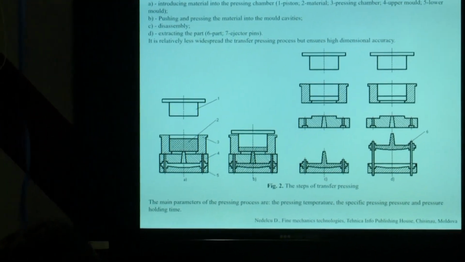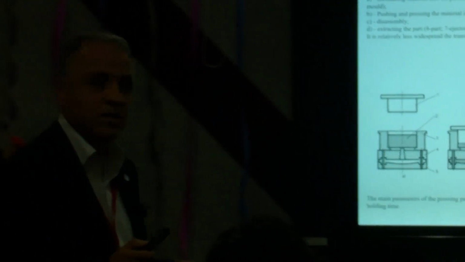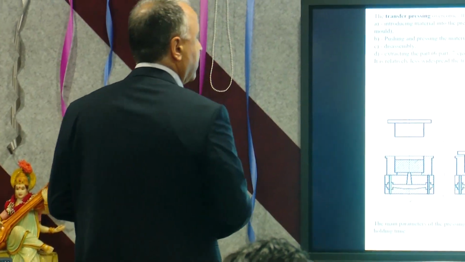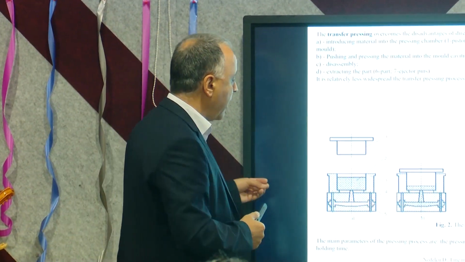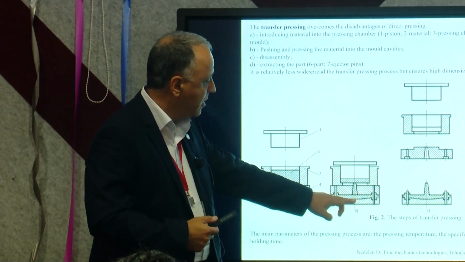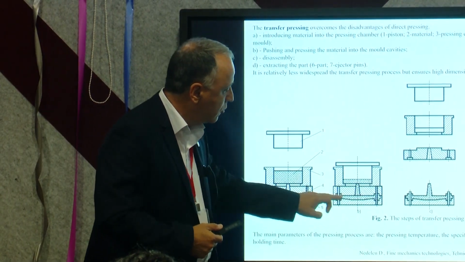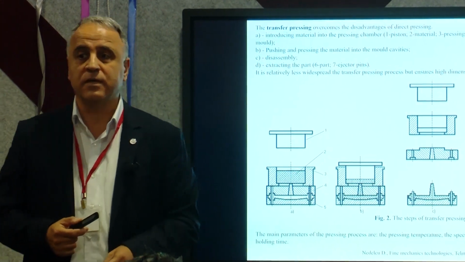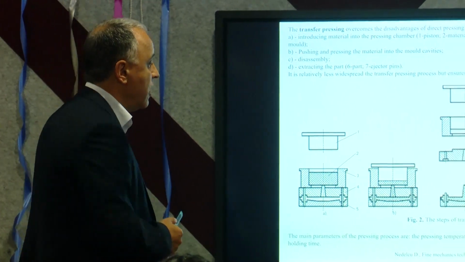Two days ago, I think someone asked what the difference is between transfer technology and injection molding. It's about the productivity. The material reached the melted state, and afterwards, on the second step, push the piston and so on. We have also a runner, as in injection molding technology.